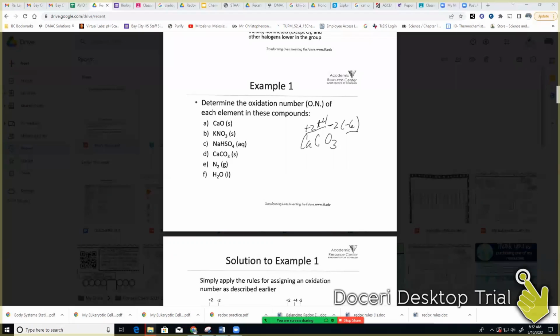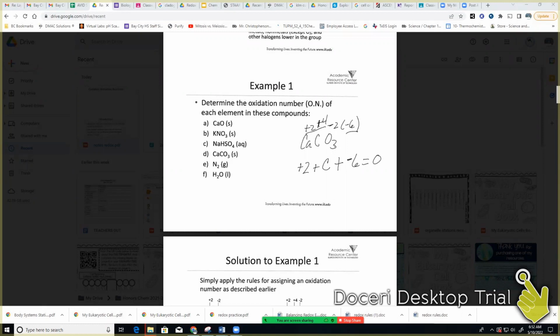Once again, if you're having a little trouble doing that, you can set this up as a little problem. +2 for my calcium, I'm going to make carbon my X, my unknown, and then for my oxygen, 3 times -2 would give me -6, and that is neutral, so that should all be equal to 0.